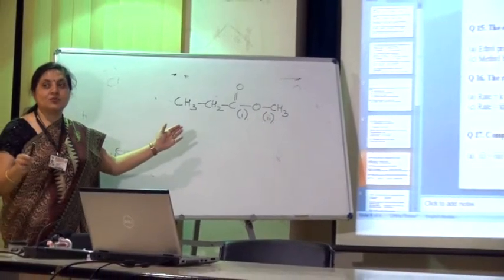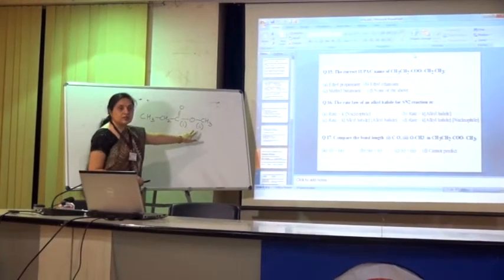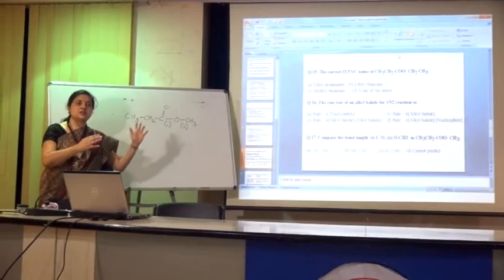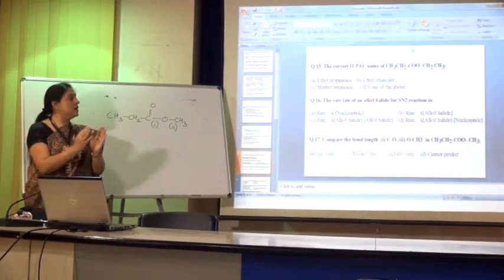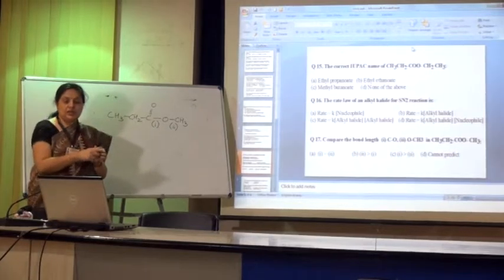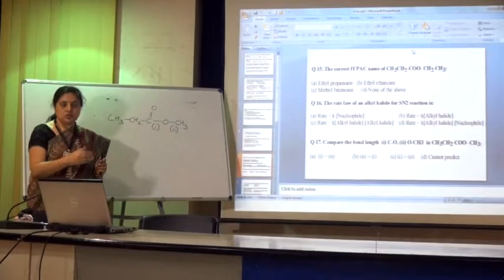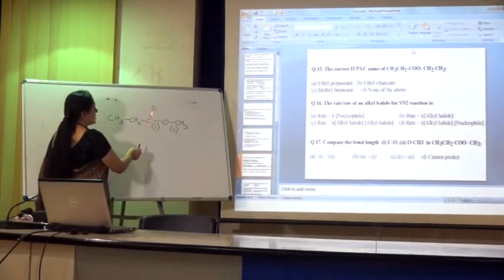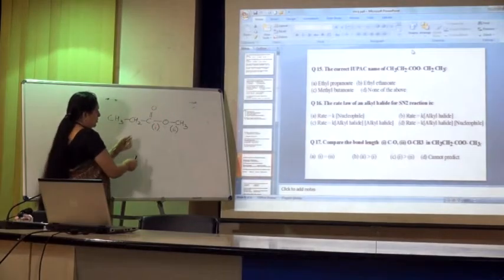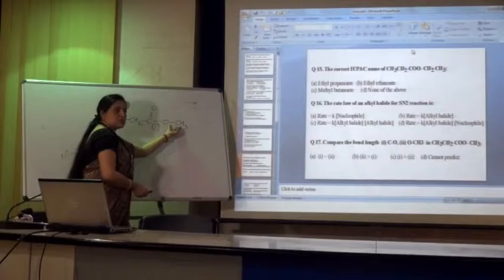Okay, some of you. Okay, see, what you have to see is the bond length. Now, whenever you are considering bond length in such molecules, then you have to see what are the atoms or the groups which are attached with it, joined to it. Now, if I see this, in this case, you can see we have to consider this CO bond and this OCH3 bond.